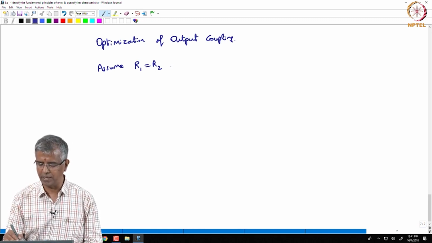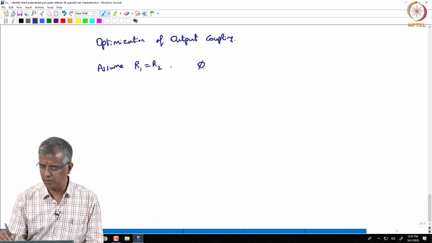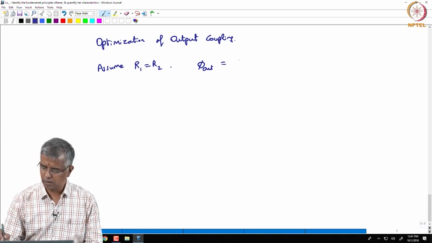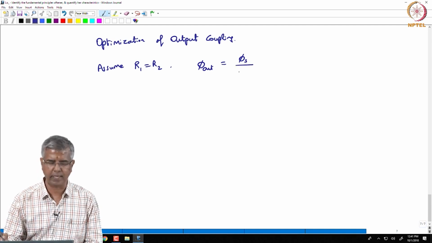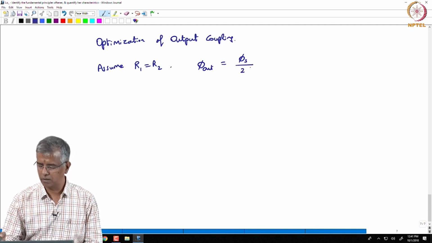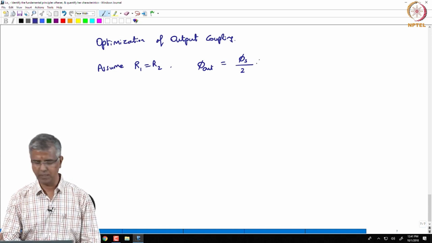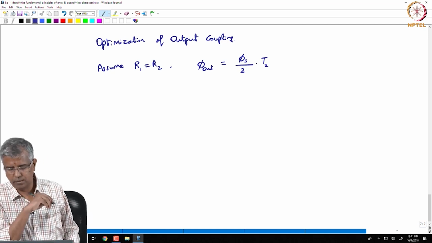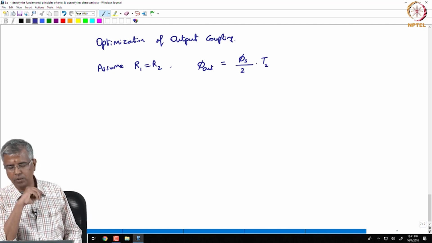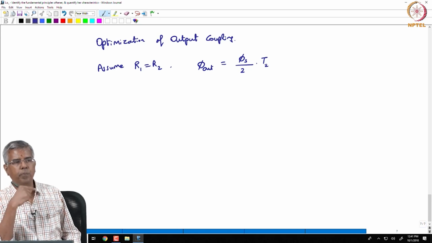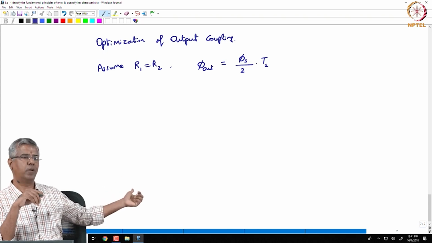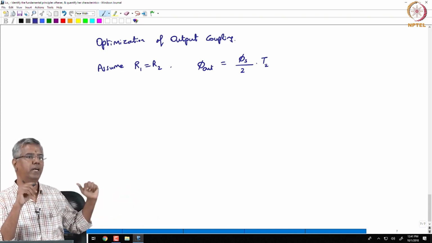If you assume R1 equal to R2, then the photon flux that you are getting out corresponds to the photon flux that you have built in the cavity, divided by 2, multiplied by T, let us say T2 in this case. If you are looking at the light out of mirror 2, I said divide by 2 because there is a similar extraction happening from mirror 1 also.